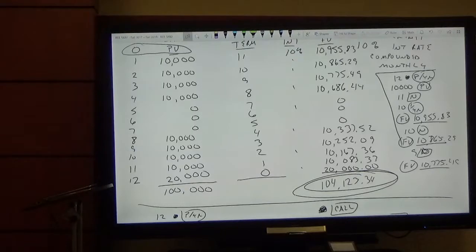Oh, interest rate. Interest rate on this one will be 10%. And this is going to be 10%. There we go.